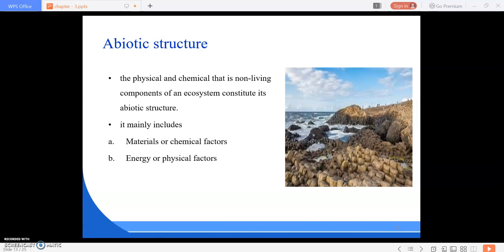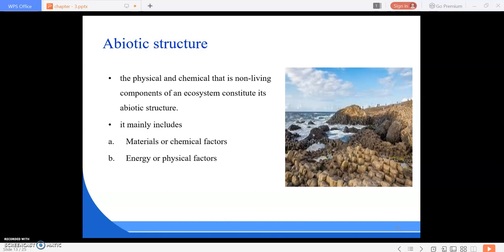So, in the previous class, we studied the biotic structure. It includes plants, animals, and microorganisms present in an ecosystem, and can be classified as producers, consumers, and decomposers. Again, it is subdivided into two. The first is autotrophic components, and the second is heterotrophic components.